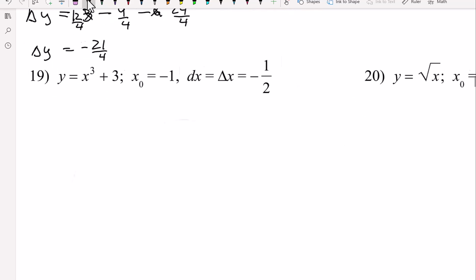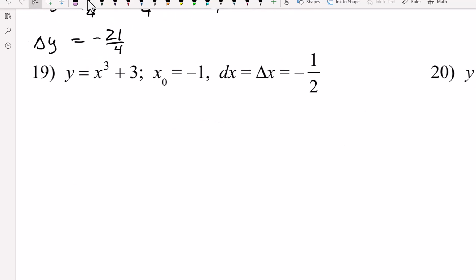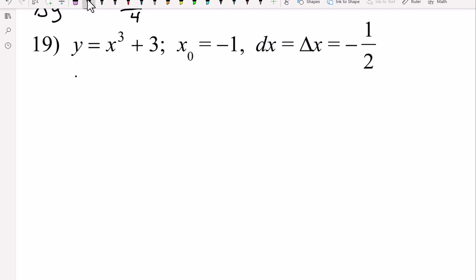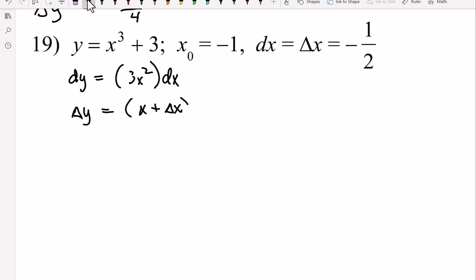Now, on the cubed ones, this is going to be a pain. You'll need the Pascal's triangle. So our dy is 3x squared dx. But when we find the delta y, it's x plus delta x cubed plus 3 minus x cubed plus 3.